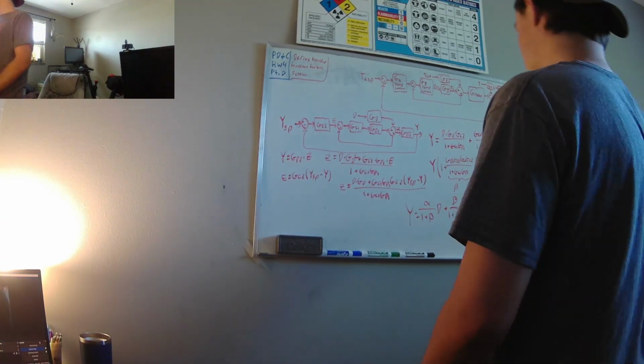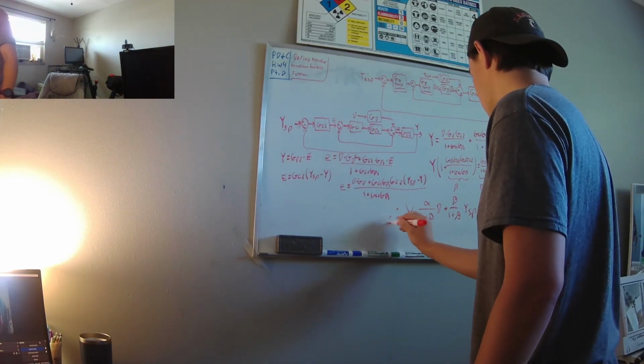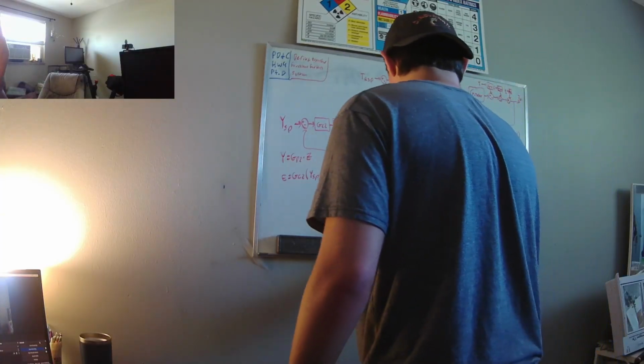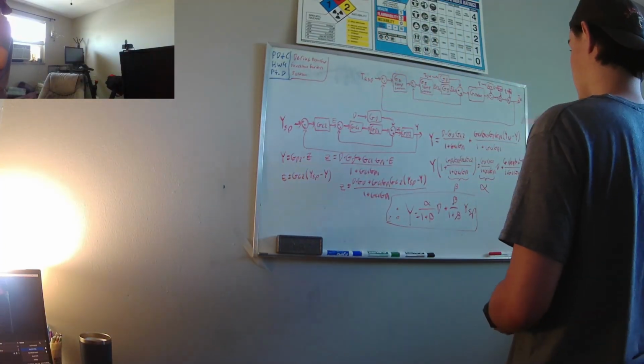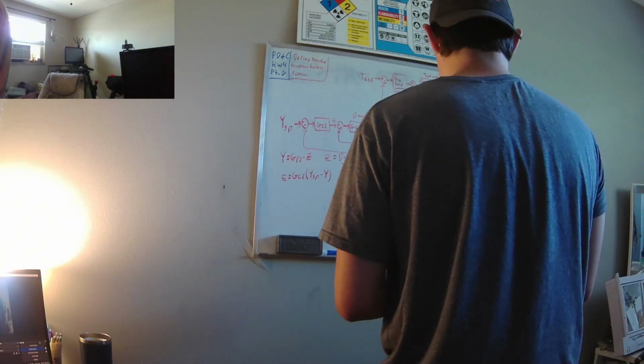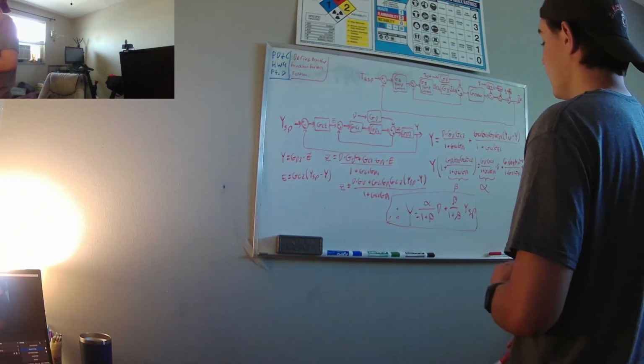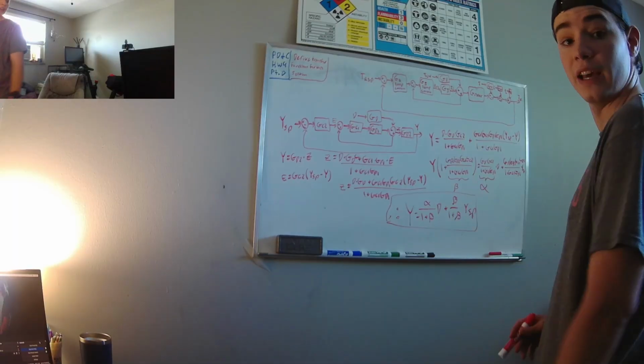And that right there is our transfer function for this overall system that we can use to move into Python and code this up. So let's go ahead and move on to that part.